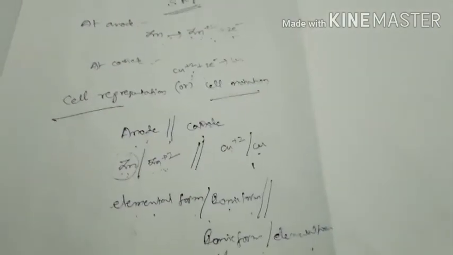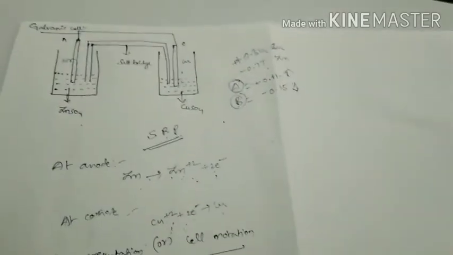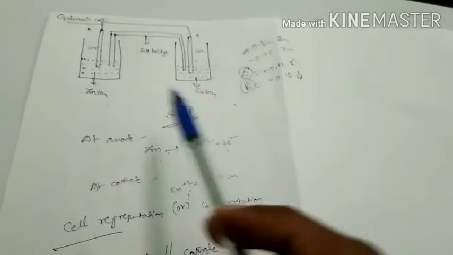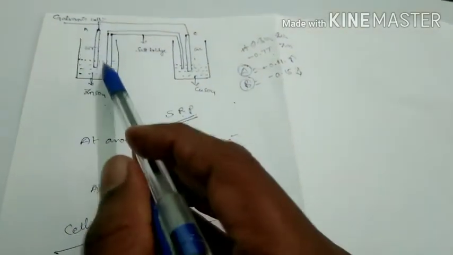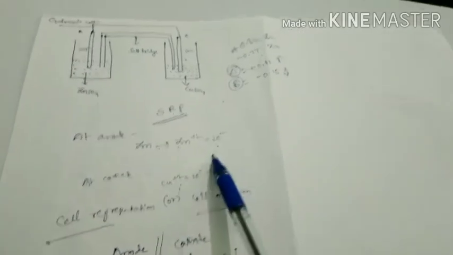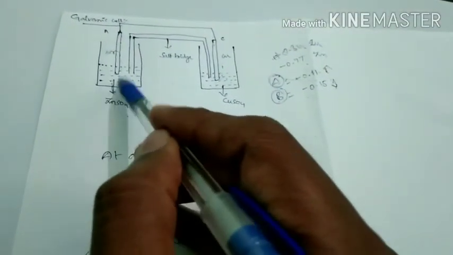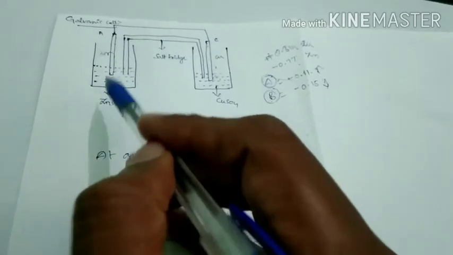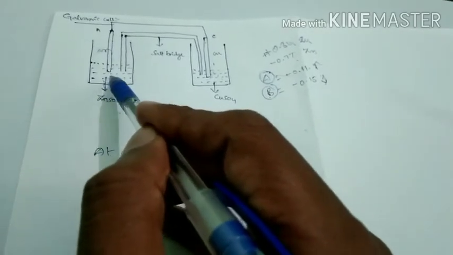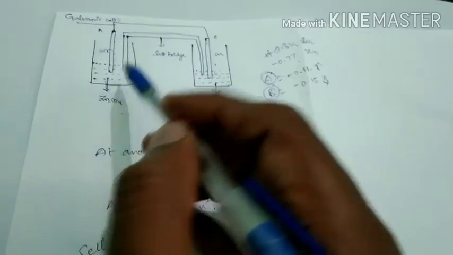Very simple topic. Next, there are some more points regarding this one. Here what happens at anode: zinc is converted into Zn plus 2 ions. That means this is the electrolyte. In this electrolyte ZnSO4 is there, that means it contains Zn plus 2 and SO4 minus 2 ions.